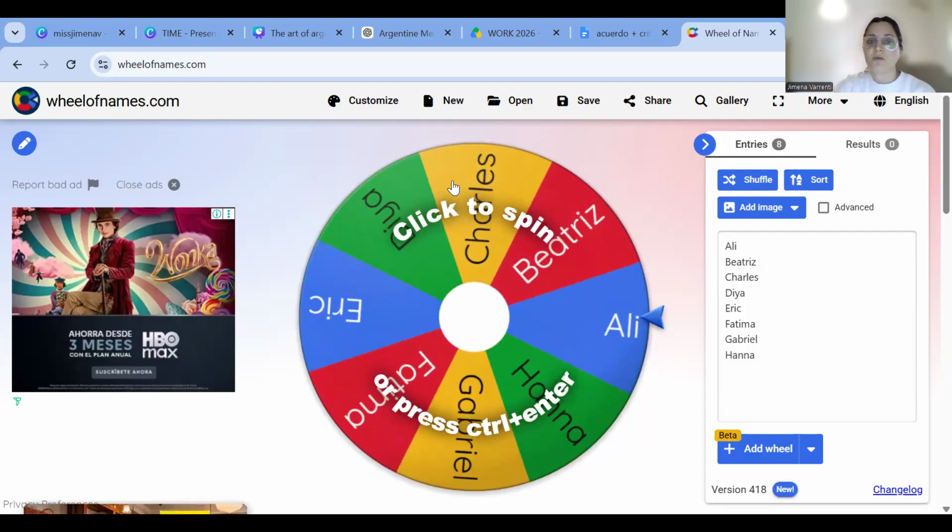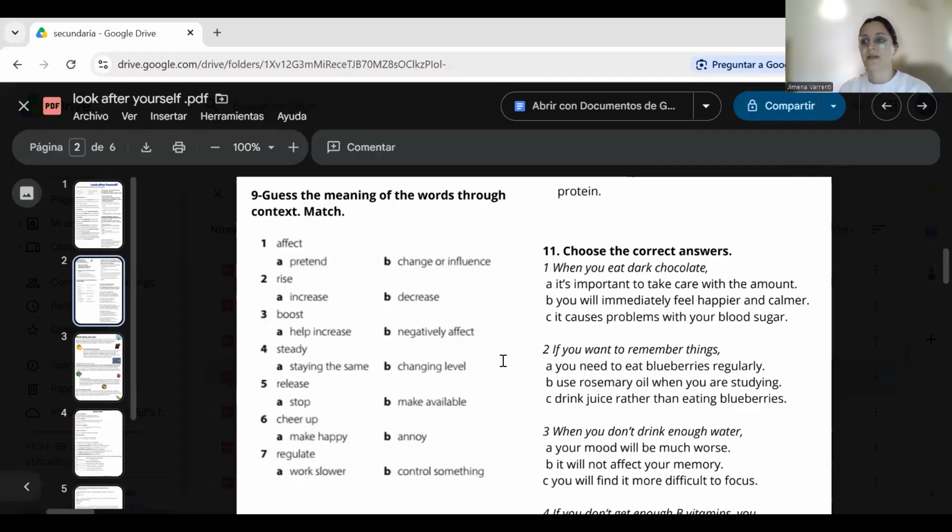Another thing that I can do is if I see that some students need better positive points, I tell them before checking the activity, okay, Juan, Pedro, Lucas, Matias are going to give the answers for activity 9, suppose. So they compromise and they take responsibility of their activity because everyone wants to get positive points. So they do the activity and they try to do it as best as they can.